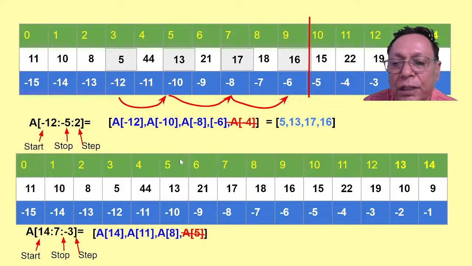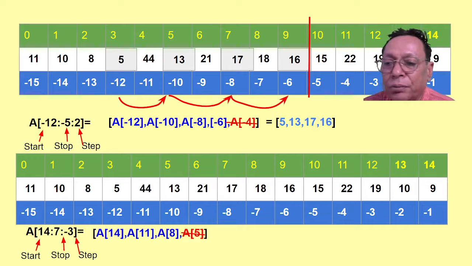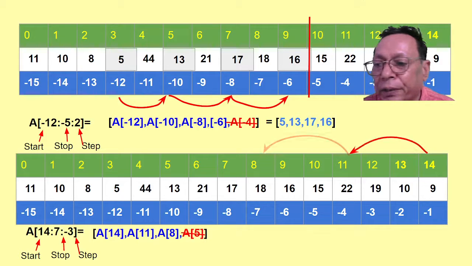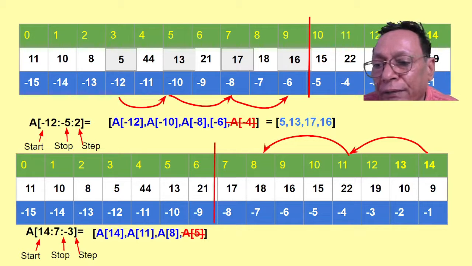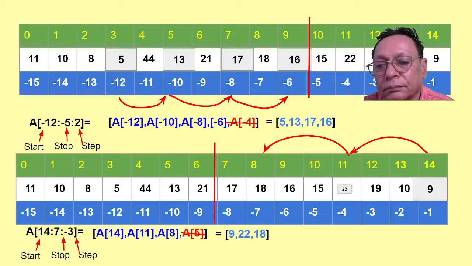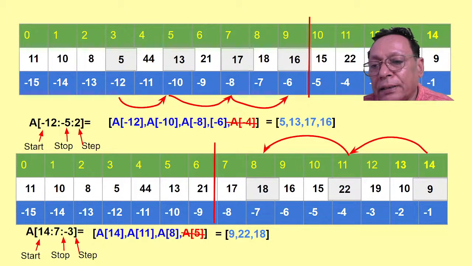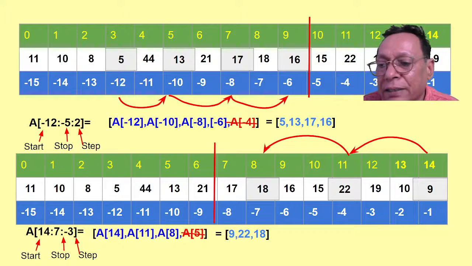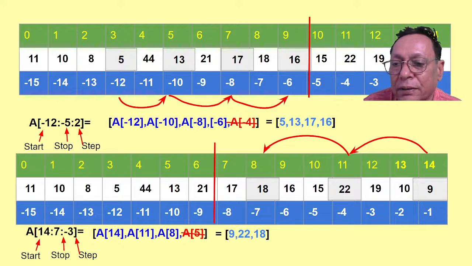So we'll extract values from right to left. See here, from 14 to 11, 11 to 8, and 8 to, we cannot move beyond this line, and that is why we'll have values 9, 22, and 18. These values as slice we extract from this list.